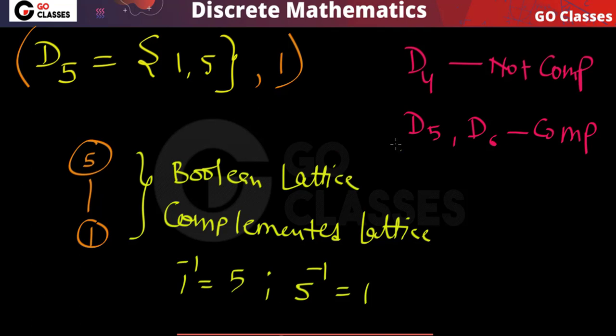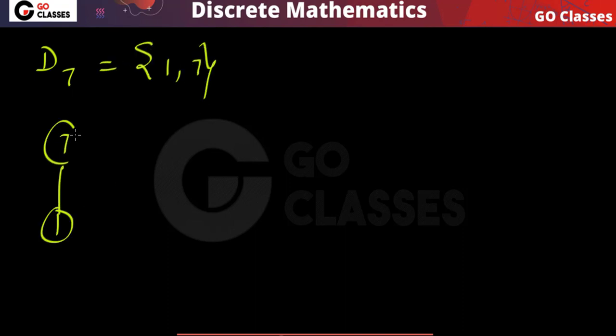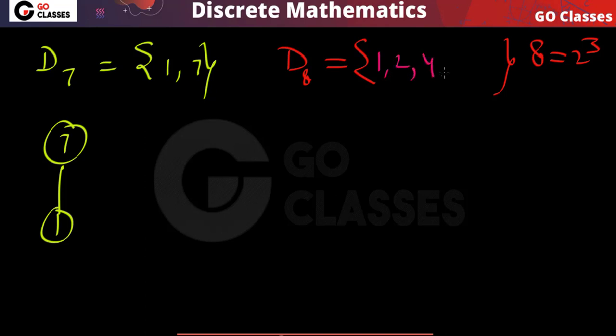Similarly, you can check D7 is also a complemented lattice. D7 is 1, 7. What about D8? Let's check D8. D8 is basically 2 power 3, the set of all divisors of 8, so that will be 1, 2, 4, 8.